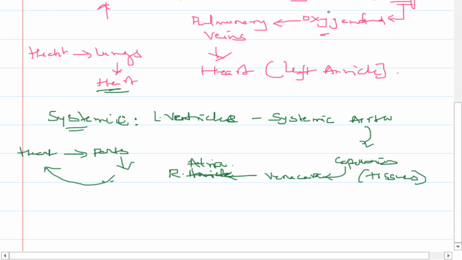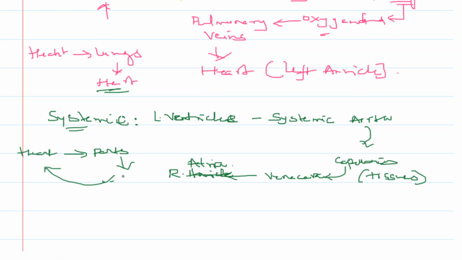There are two: the pulmonary circulation helps in oxygenating the blood, and the systemic circulation helps in distributing it to all parts of the body and collecting the waste, of which carbon dioxide is a part, and comes back to the heart. So this cycle goes on between the pulmonary and the systemic. These two constitute the double circulation. The blood flows through the heart twice. Okay, so that's all about the double circulation.